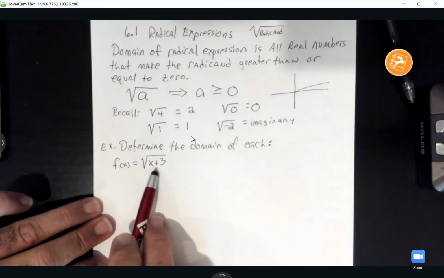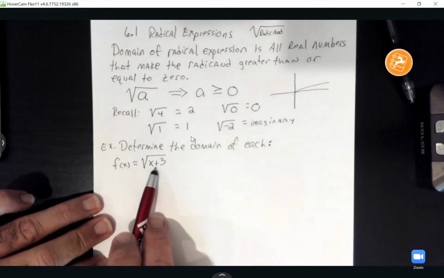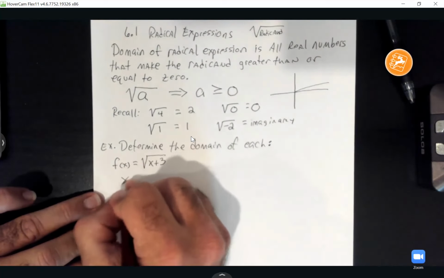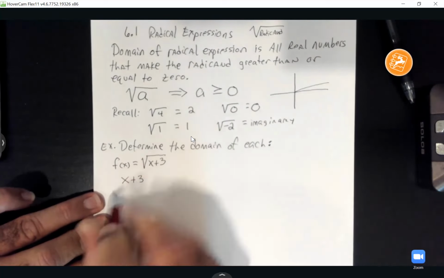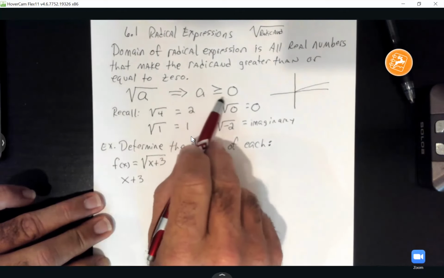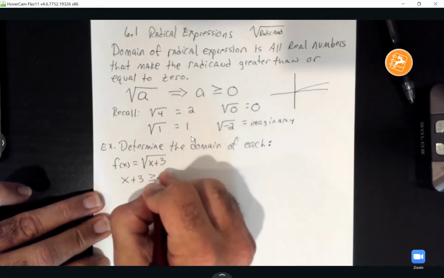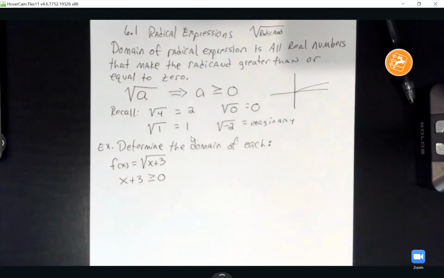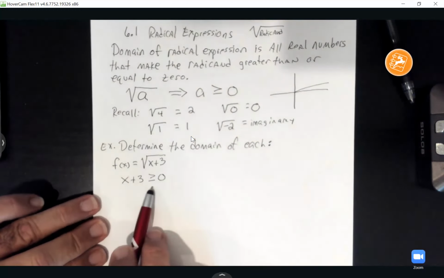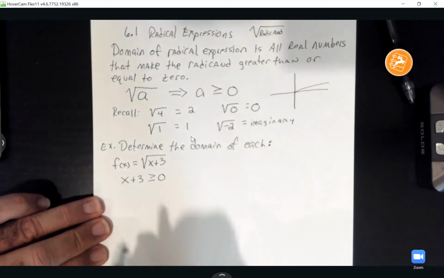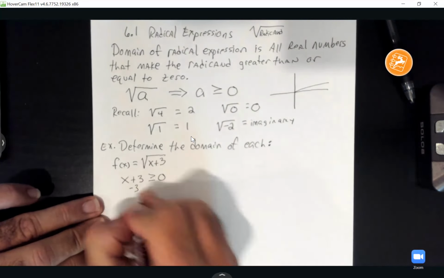So to find this domain, the first thing I'm going to do is take that x plus 3. And we said that underneath that radical had to be greater than or equal to 0. So y'all, then I would solve this. So let's see, to solve this, I'm going to subtract 3 from both sides.